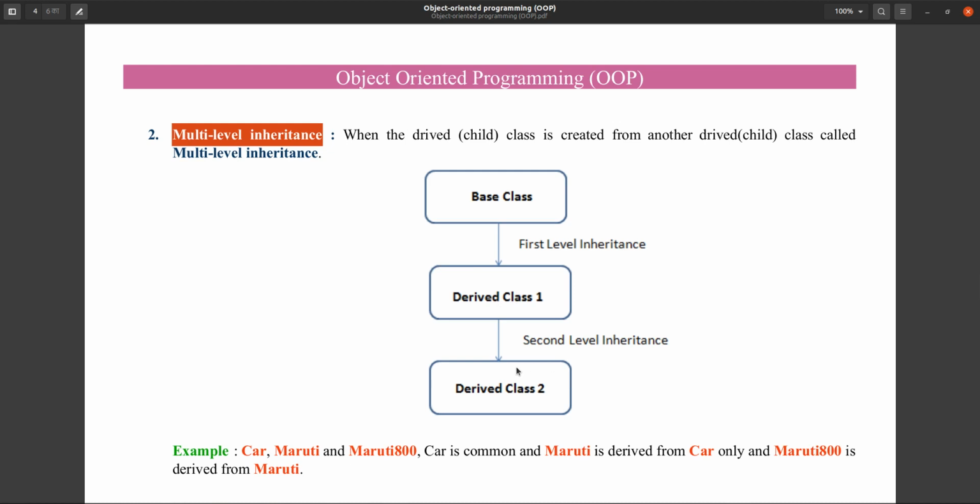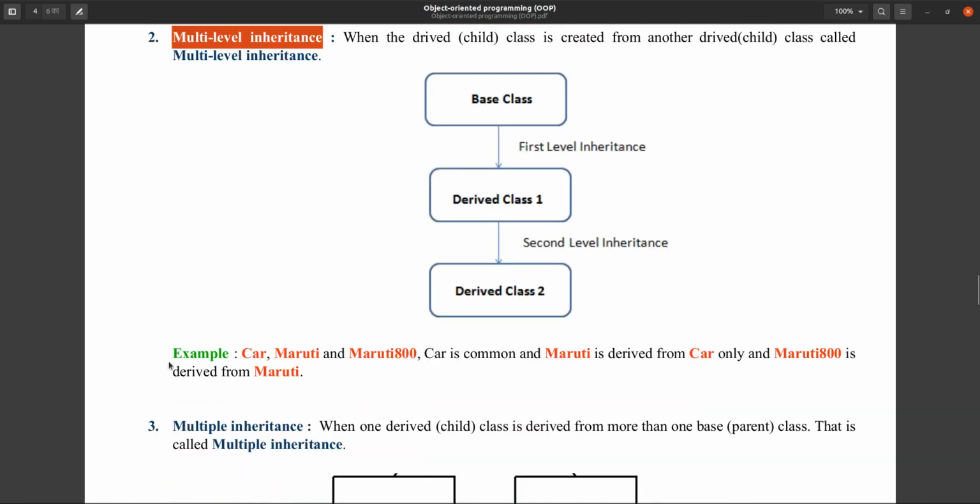So in this case, this is multi-level inheritance. Suppose you take a real life example, a car can be inherited by Maruti, because Maruti is also a car, and Maruti 800 we can say is a Maruti also, because whatever features are there in Maruti, Maruti 800 has all of them.